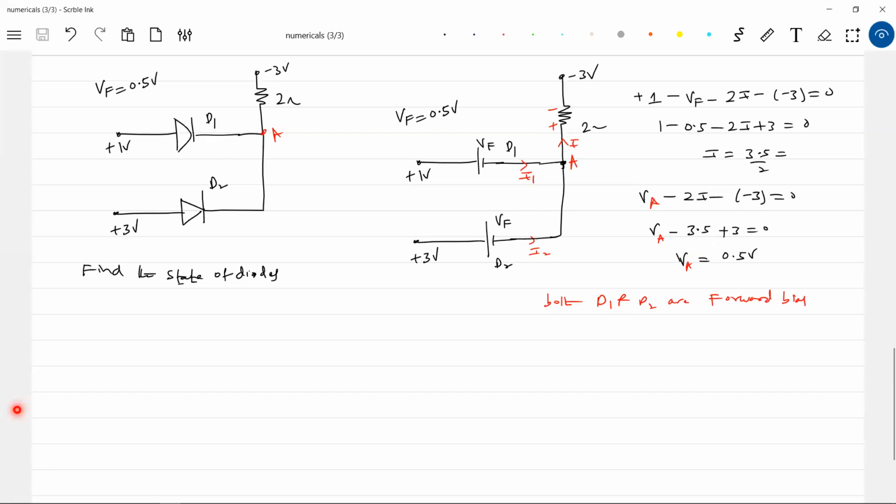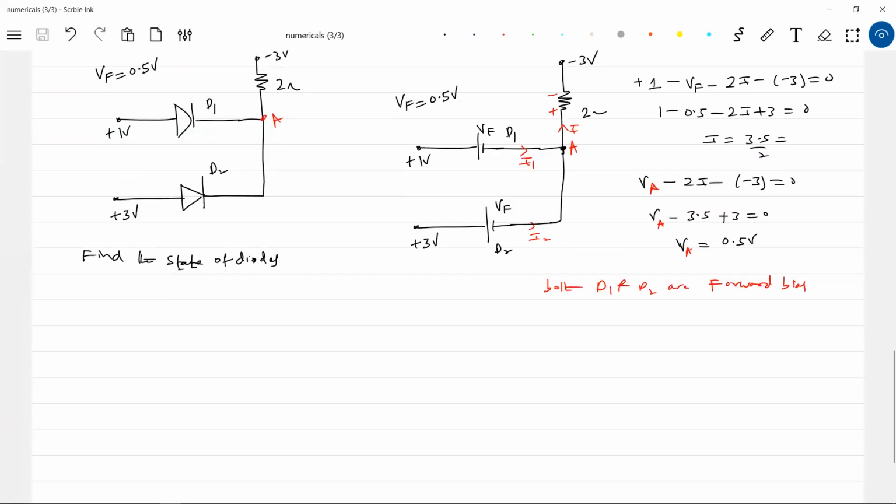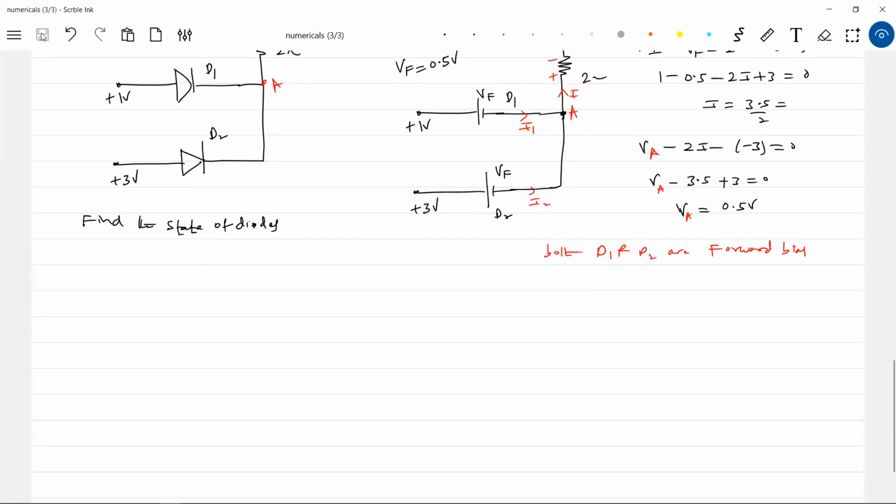I just picked up the logic gates because there we study only theoretically. I just made one problem so that you can practice. We'll take 3 diodes. One last problem.